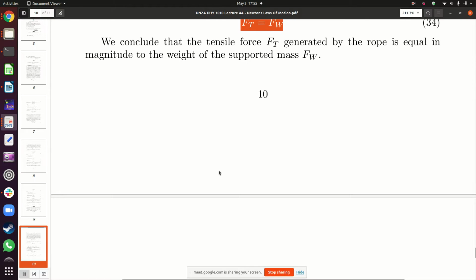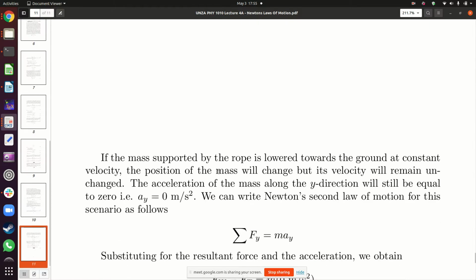Next, you can decide to lower a mass at constant velocity. And the lowering and lifting of masses at constant velocity is exactly what elevators do. If you have been in an elevator before, an elevator takes you up or down at constant velocity.